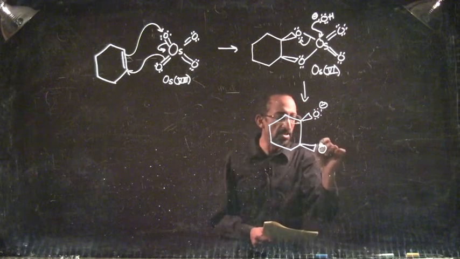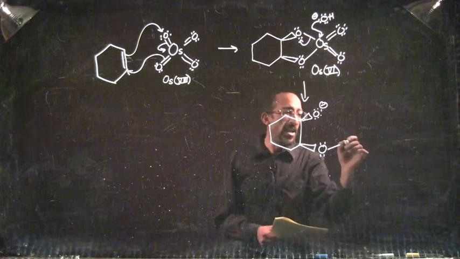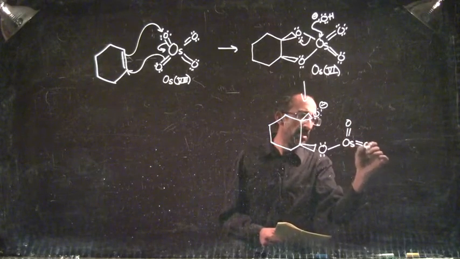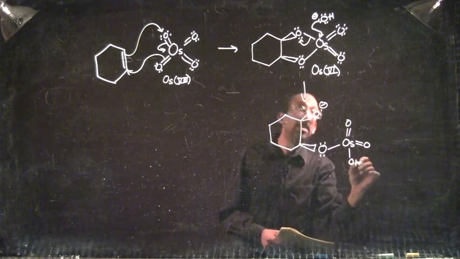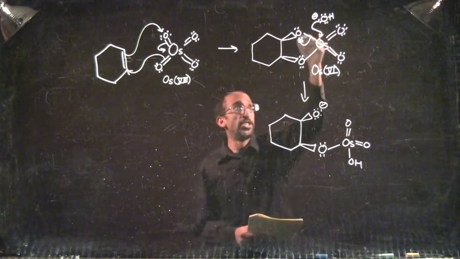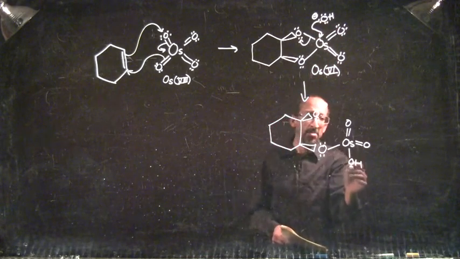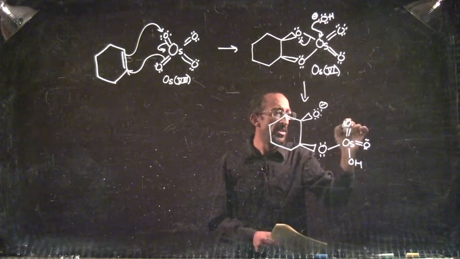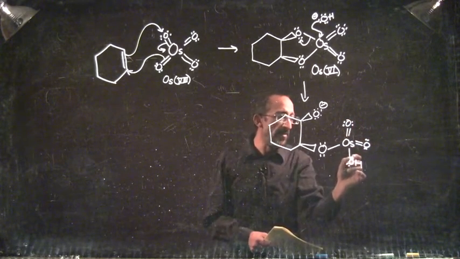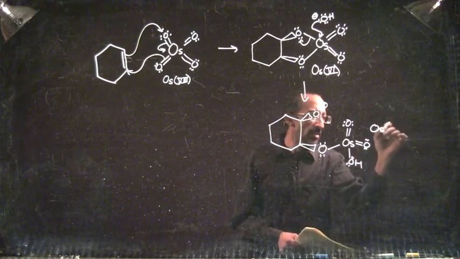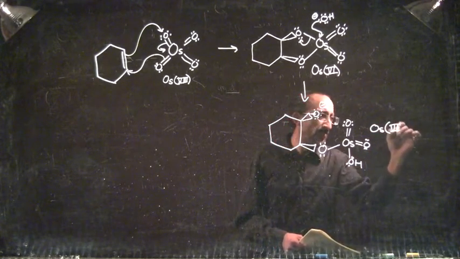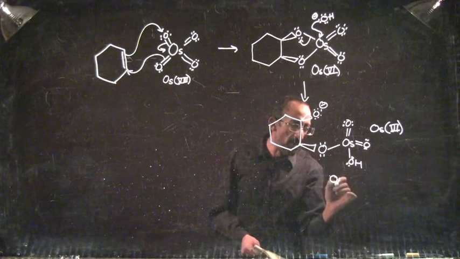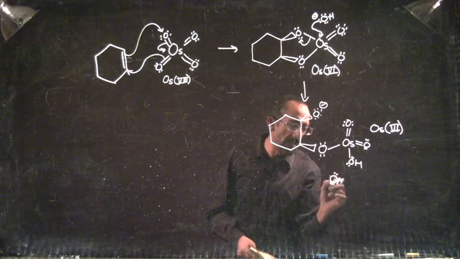We still have this oxygen atom still attached to our osmium. This electron pushing reaction now puts an OH group on that osmium. It's still going to be osmium 6. We use excess hydroxide, so one more of those is going to come along and repeat this process we just did.